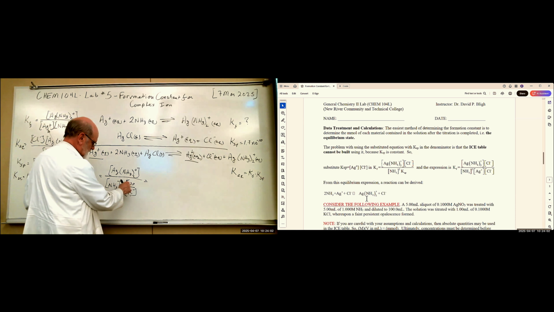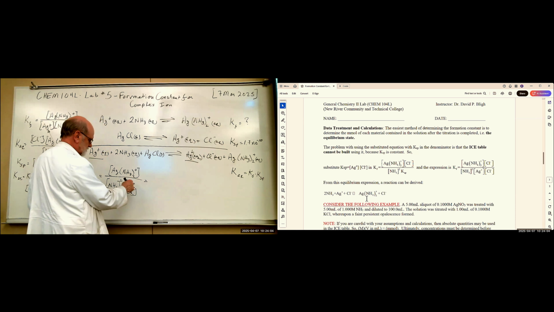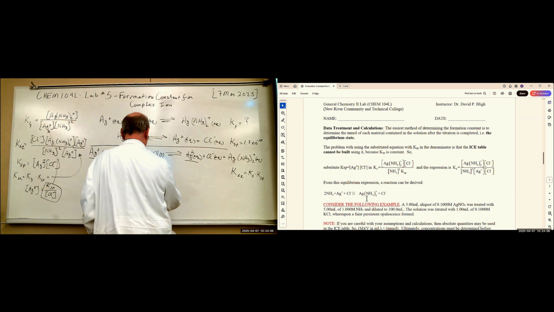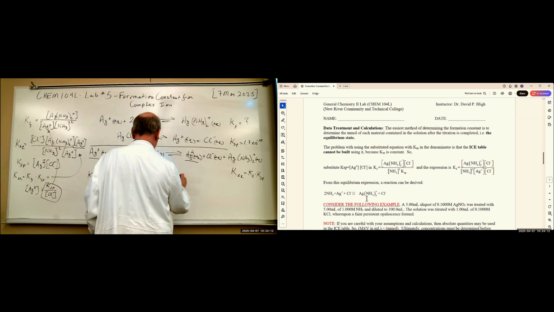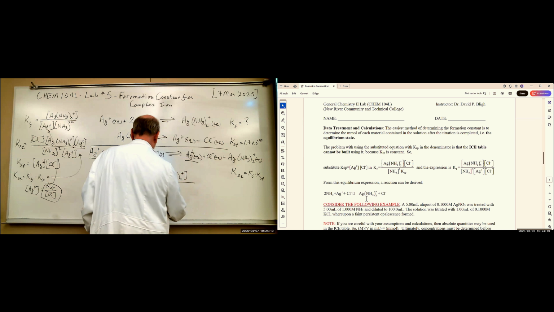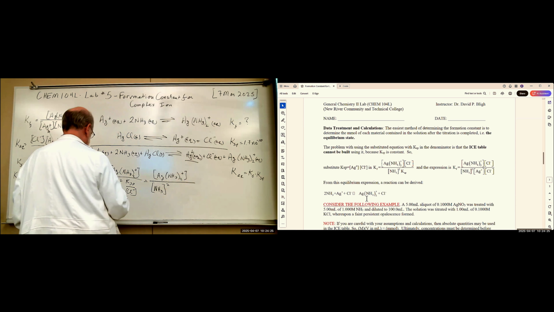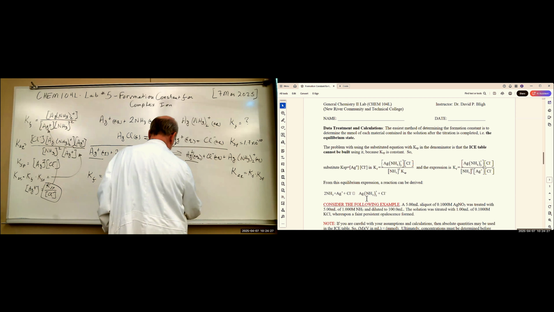So we would put silver times chloride in here. Only there are two different chloride values. I'll explain that in just a second. So this has ammonia squared. And the KSP is silver times chloride.